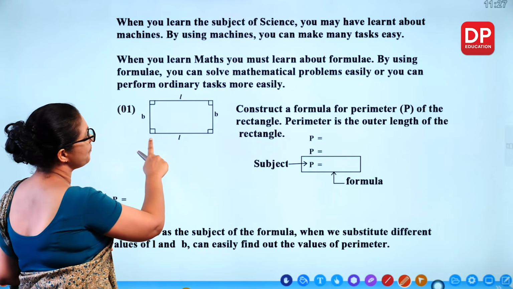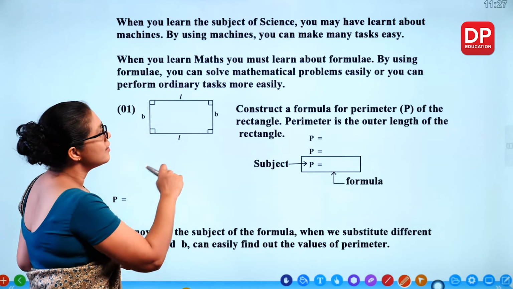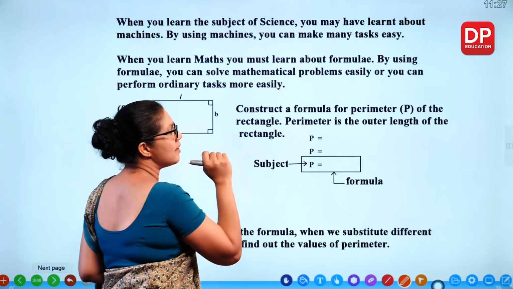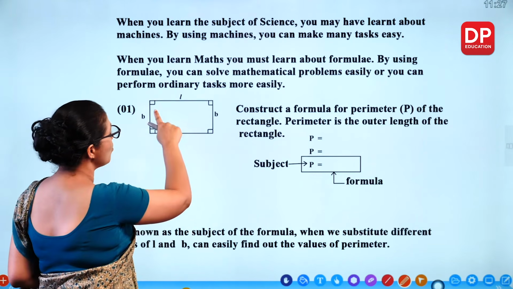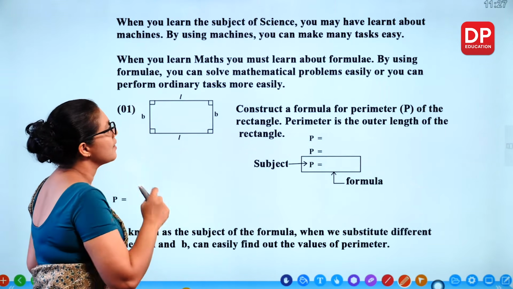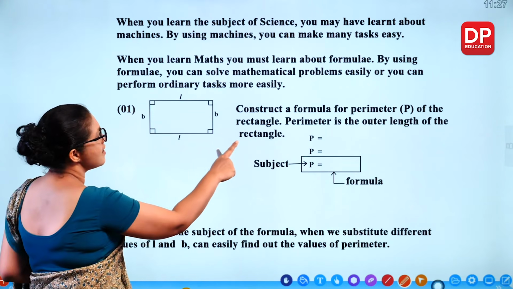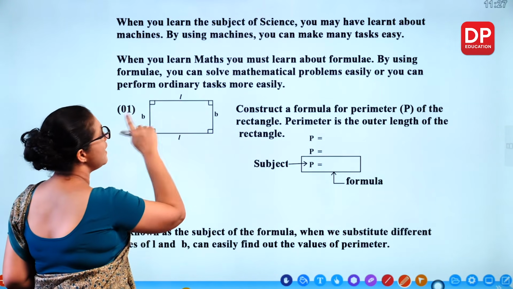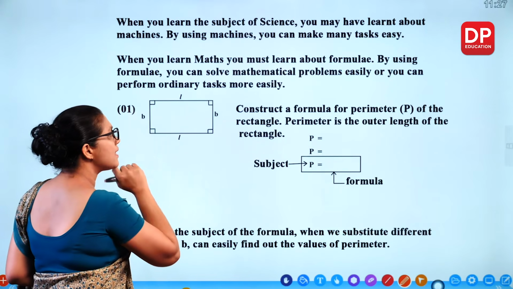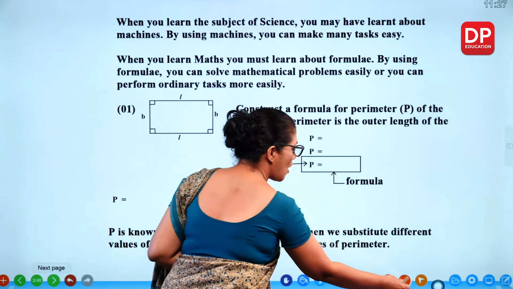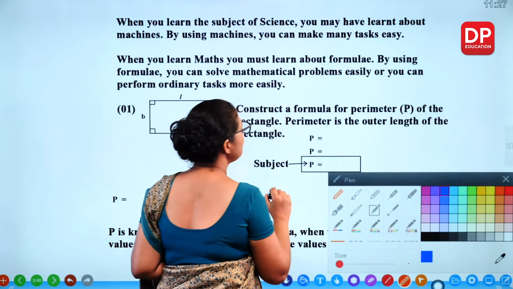This is a rectangle. Perimeter means the outer length of this figure. So perimeter of the rectangle, how do you get it? If you know the length is L, breadth is B, how can you write down the perimeter?